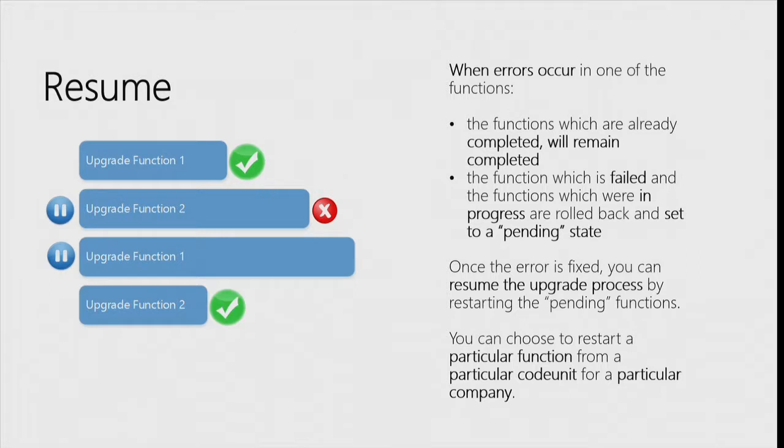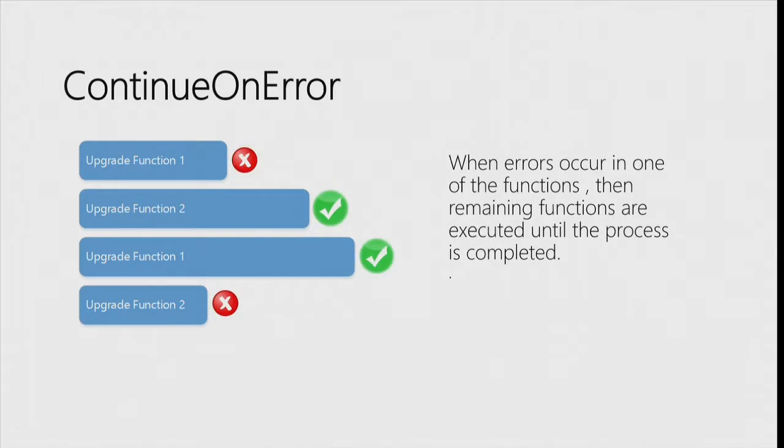You can also choose to restart a particular function, as I showed you, from a particular codeunit for a particular company. And of course, we had a continue on error option: if an error happens, the remaining functions are executed if they can be successfully, until the process is complete, exactly as demonstrated here, and then you can run only the failing upgrade functions. That was exactly what I just showed you as a demo.